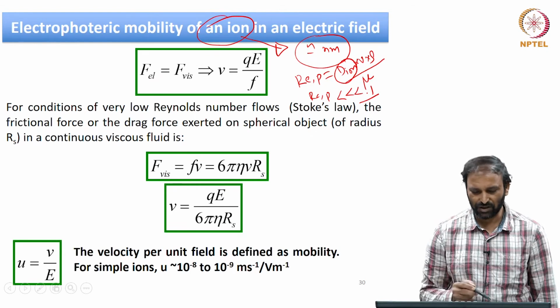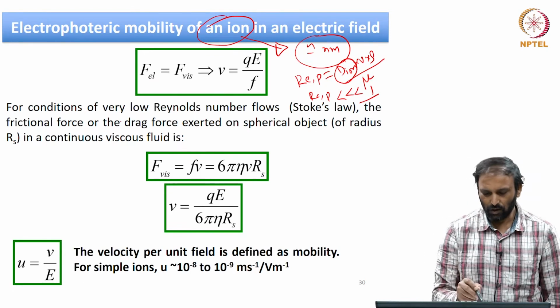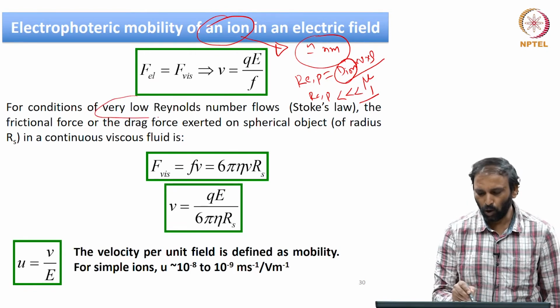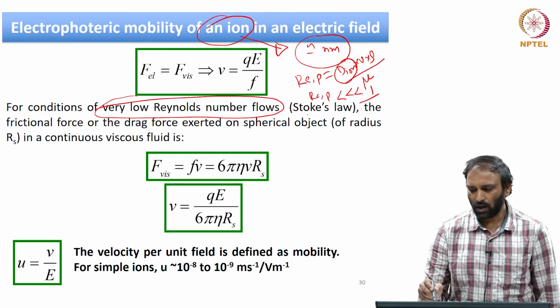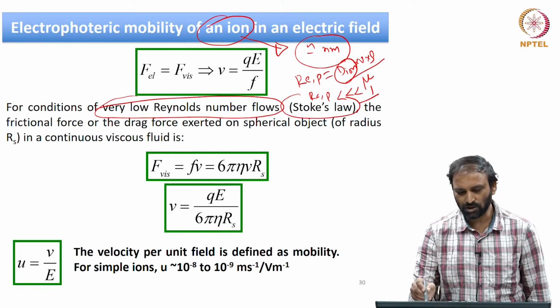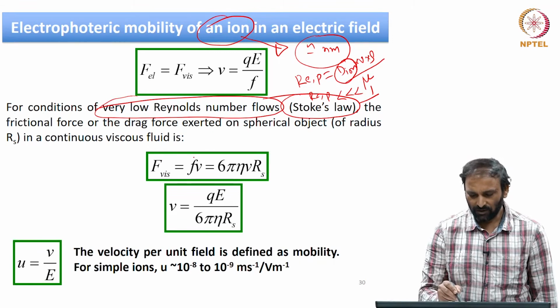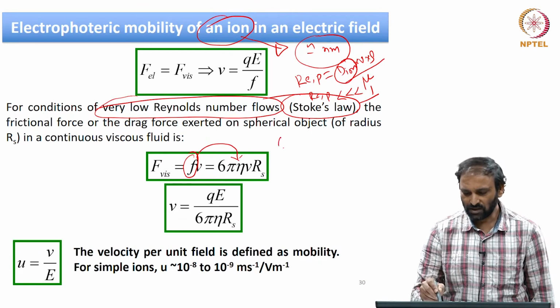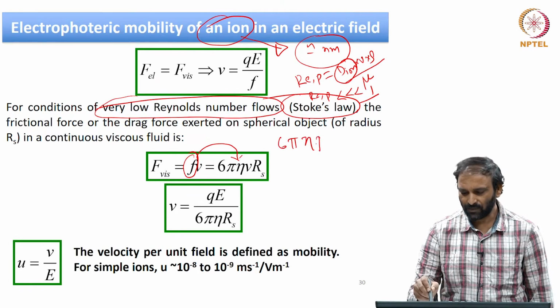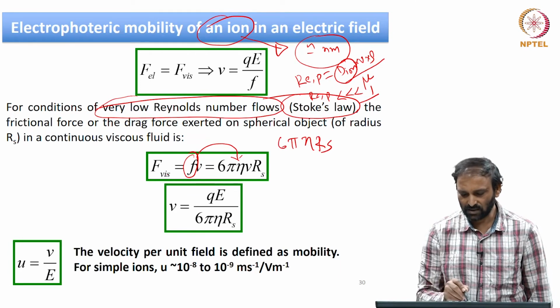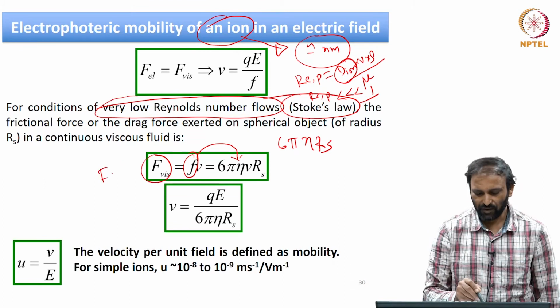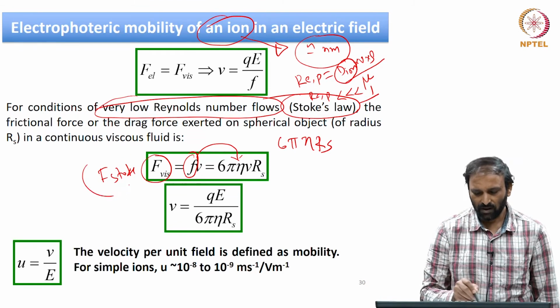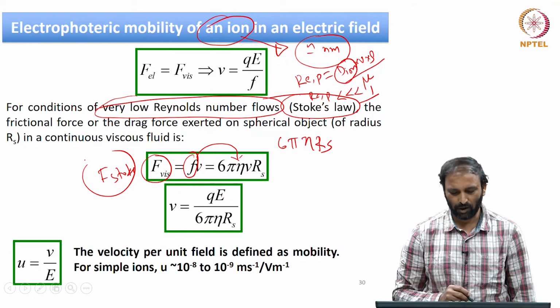Under such a condition, you can refer to this as a low Reynolds number flow. Therefore, we could use Stokes law, and the friction factor F can be replaced with 6 pi eta times Rs. This essentially comes from the Stokes law for low Reynolds number force.